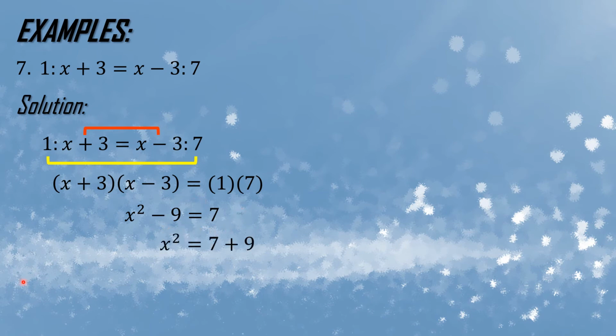So, ang x squared ay x squared pa rin or positive x squared pa rin. And then equals, bring down lang natin yung 7. And then yung minus 9 ay naging plus 9. And then, simplify lang natin. 7 plus 9 is 16. So, katulad ng natutunan natin sa naunang examples, we will just have to find the square root of x squared and the square root of 16.